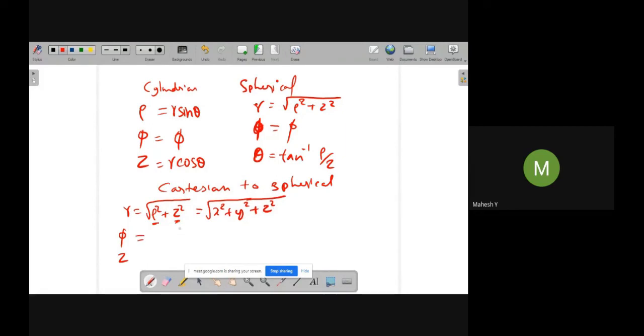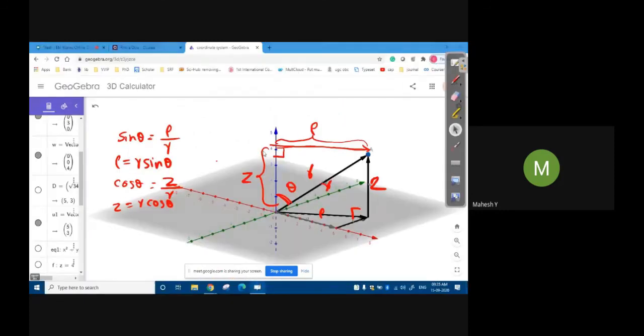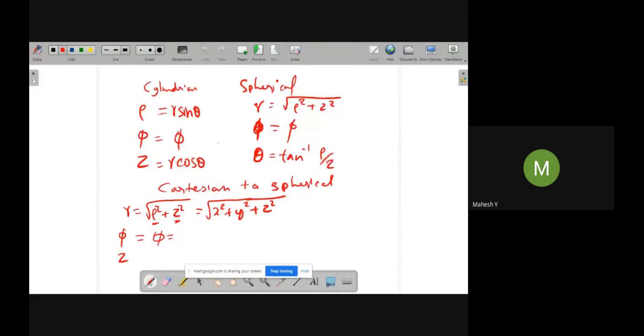Now what is phi? Phi is equal to phi in cylindrical, and in cylindrical to Cartesian we know phi is tan inverse y by x. So here it is tan inverse y by x.